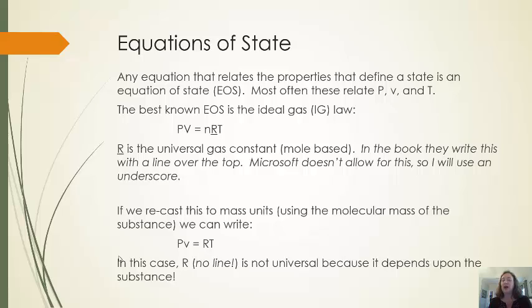If I divide both sides by the moles, I get Pv equals RT, which is the intensive version of volume. In this case, R is the universal gas constant. But if I do it on a mass basis, I have to have a specific R. We'll talk more about that when we get to some examples with the ideal gas.